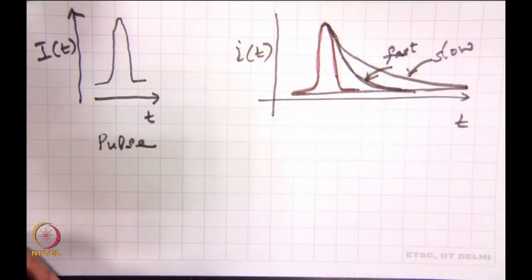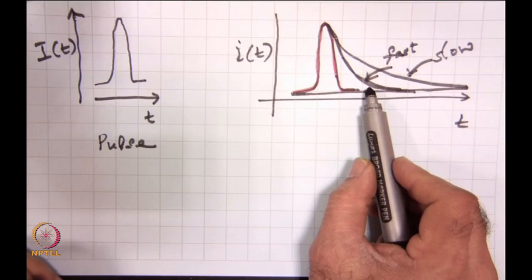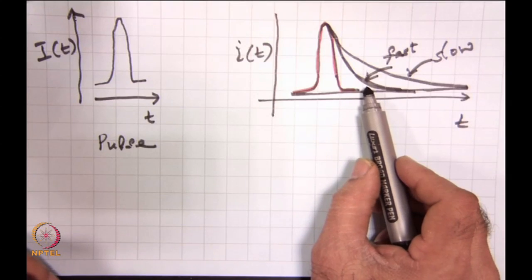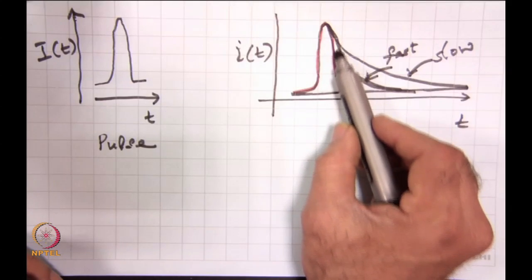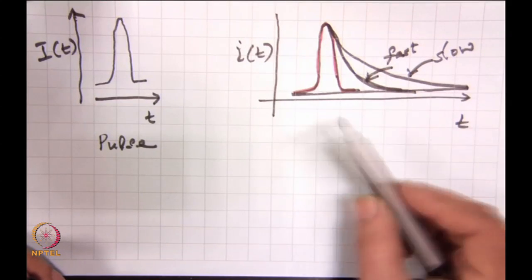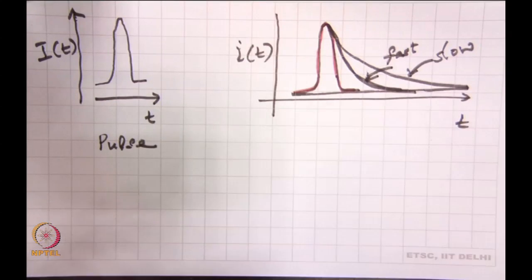The reach through APD ensures that the avalanche process is primarily due to electrons, and electron mobility is much higher, and therefore the current drops down rapidly and the device becomes faster. So, this is what I was referring to with the fast and slow detector.